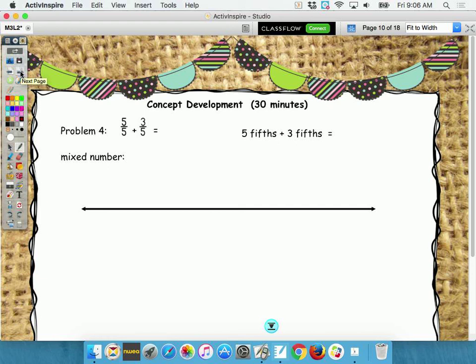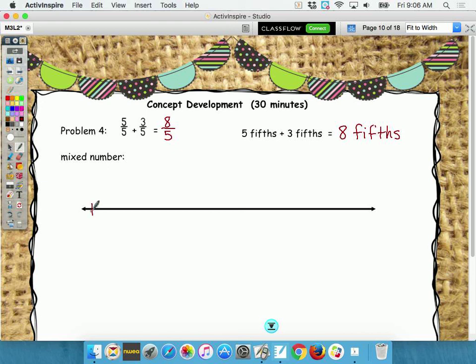Okay, let's see if we can get this one. Yeah, right. So 5/5 plus 3/5 equals 8/5. So 8/5, is that more or less than 1 whole? More. Is it 2? Is it 2 whole? No. No. What would that be? 10.